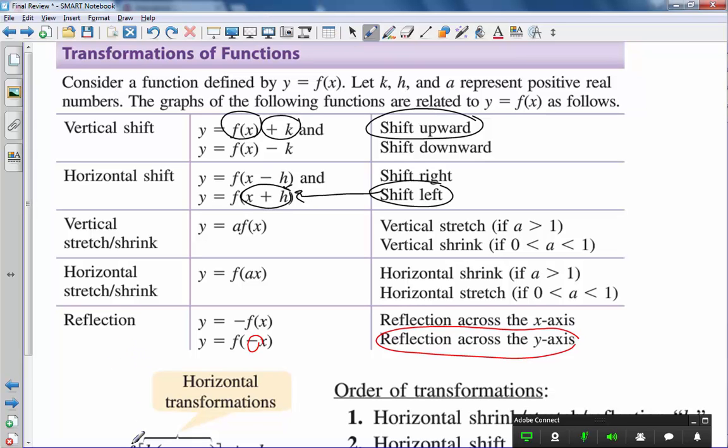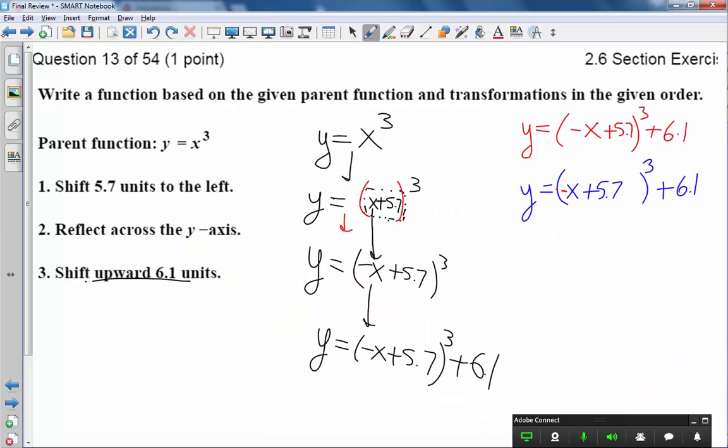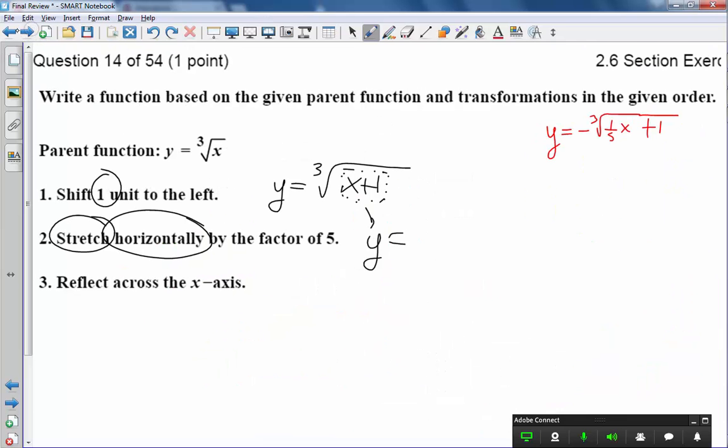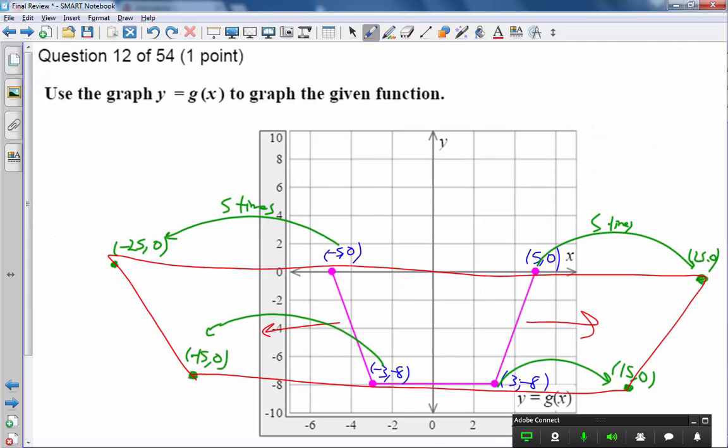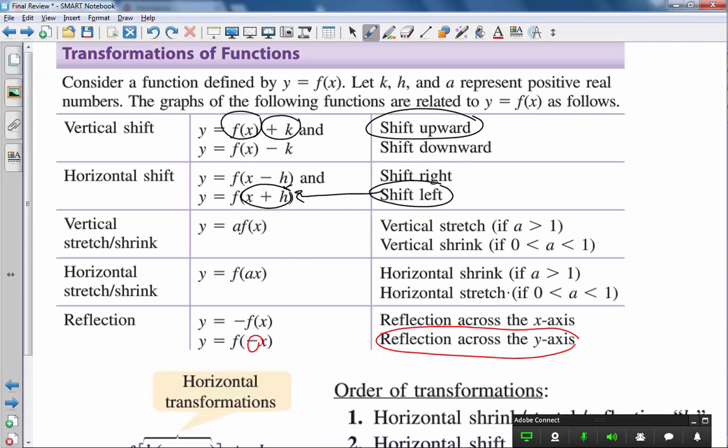Which one is horizontal stretch? This or this? Horizontal or vertical? Horizontal stretch. Okay, which one is horizontal stretch?